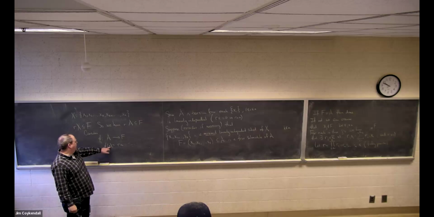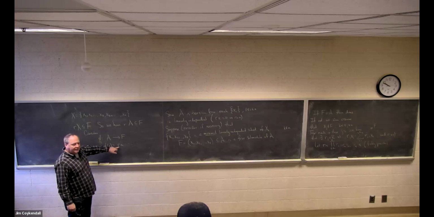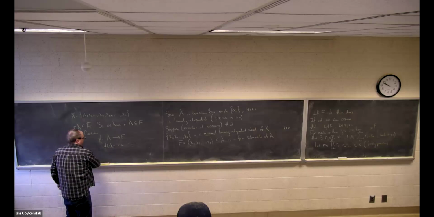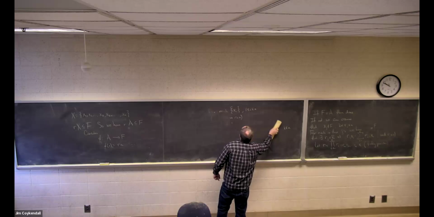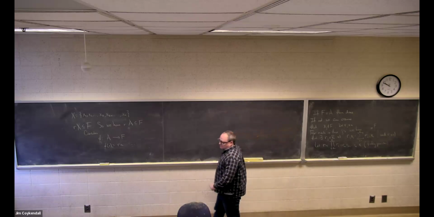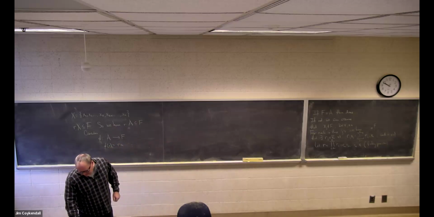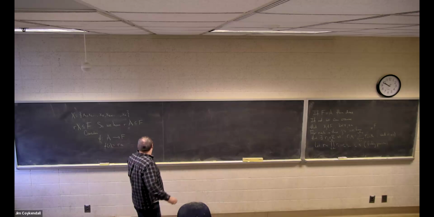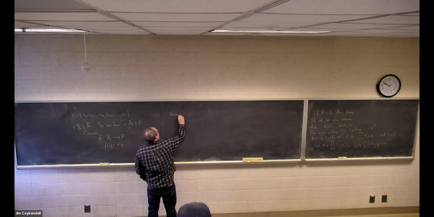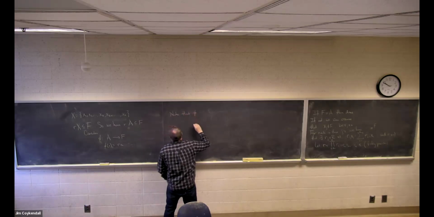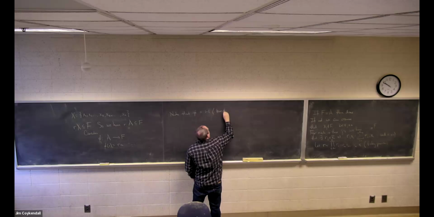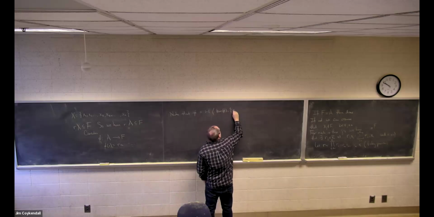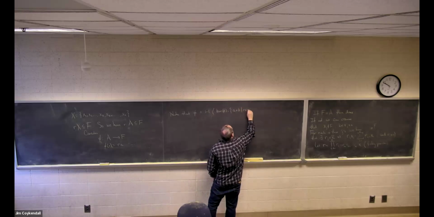Because notice everything in A is a linear combination of the x's, but r kicks all the x's into F. So this actually goes into F. Notice that the kernel of phi is the set of a in A such that ra equals 0.